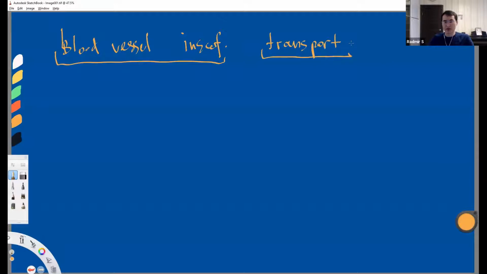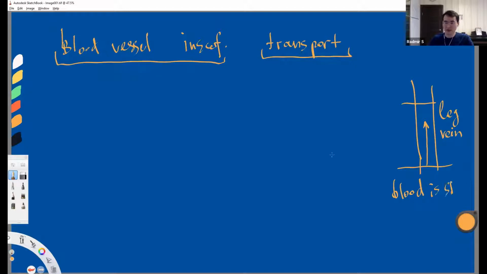So let's say our veins, in our legs, so this is the leg vein, cannot transport the blood anymore, and it stays in the legs. So the blood is stuck. Why might it happen?